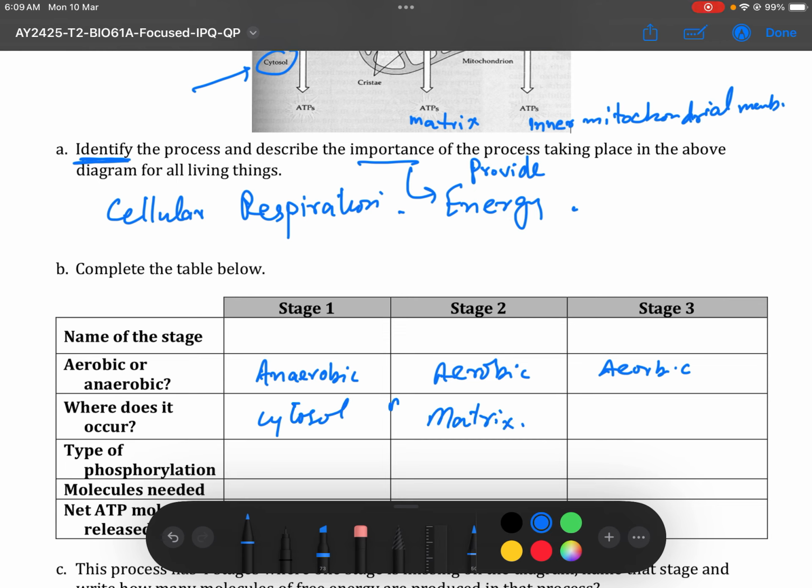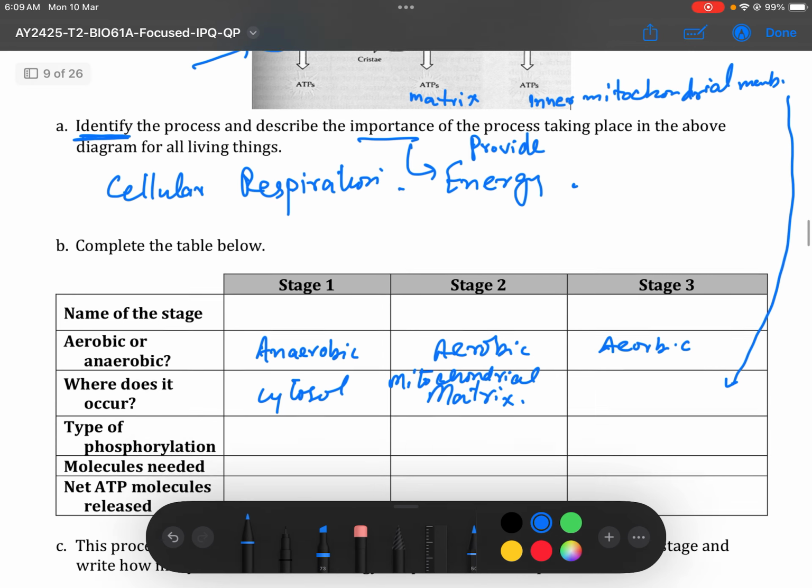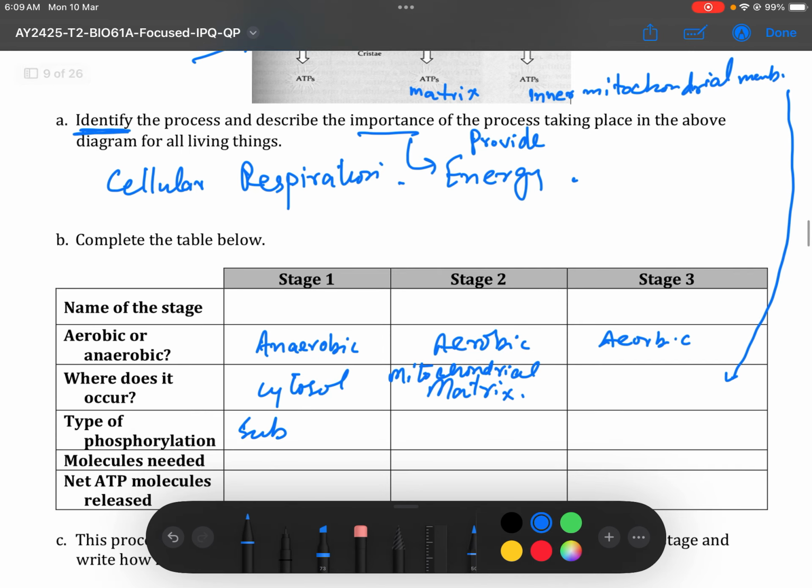Don't just say matrix, better you say mitochondrial matrix, and this one is the inner mitochondrial membrane. Type of phosphorylation: this one is substrate level. These two, this is also substrate level phosphorylation, while this one is oxidative phosphorylation.